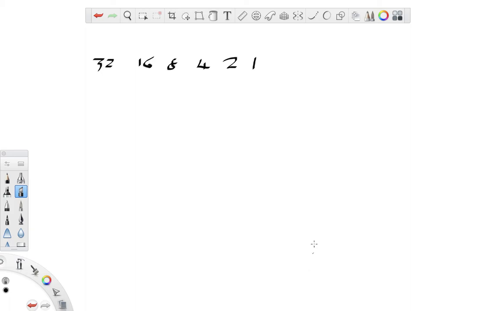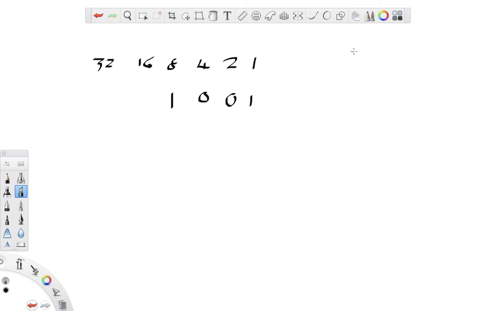So in binary, the numbers are split up like this. So we've got the 1s, 2s, 4s, 8s, 16s and 32s. So if I write the number 1001, well that's 1 8, no 4s, no 2s and 1 1.